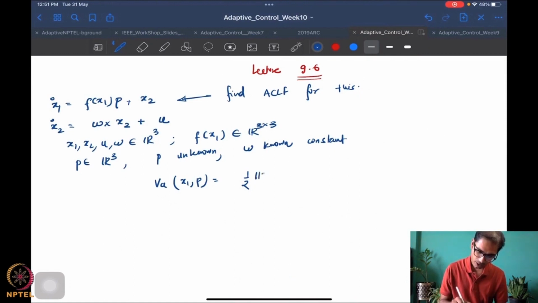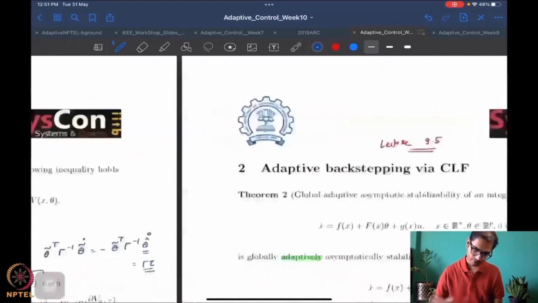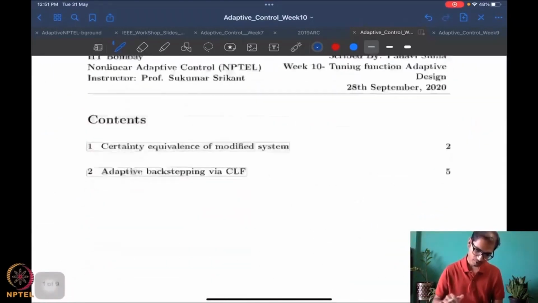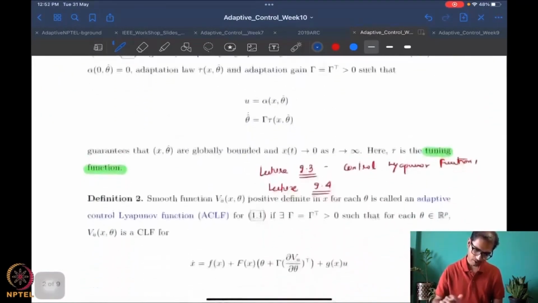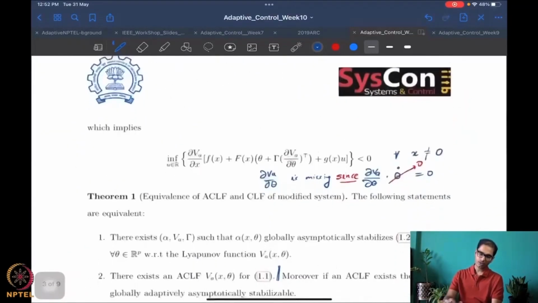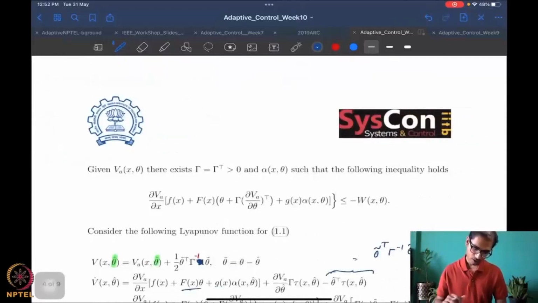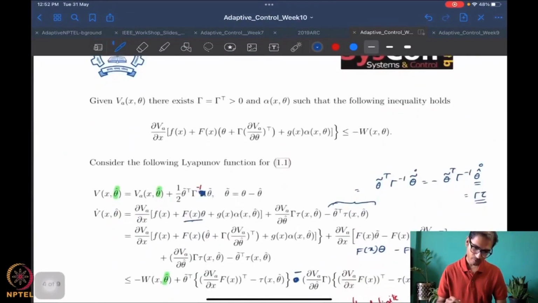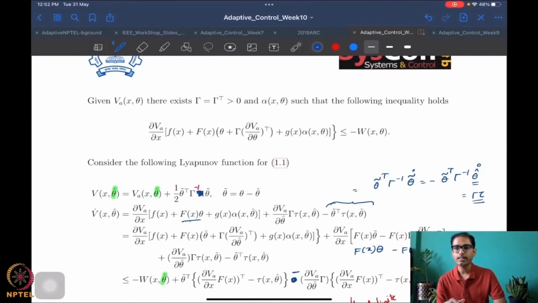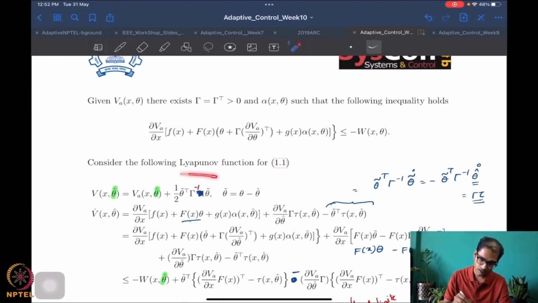So one term is of course 1/2 norm x1 squared. This is one piece. Now will it have any dependence on theta is what I'm wondering? What we had done to begin with, in order to prove adaptive asymptotic stabilization, was add to this V a theta tilde term, right?